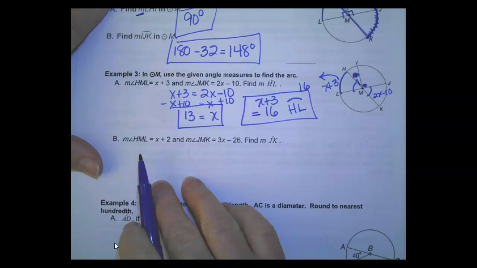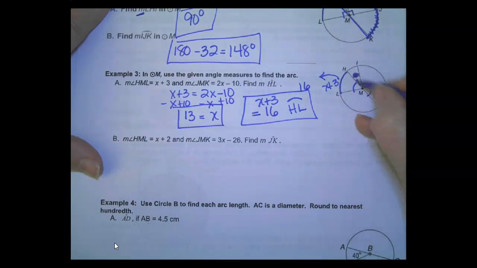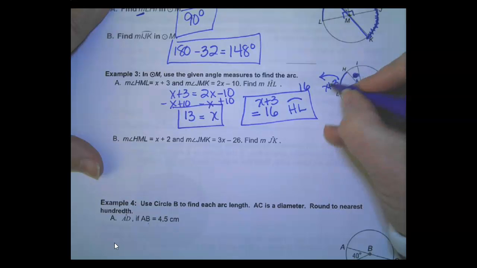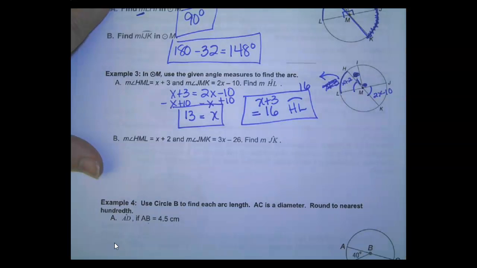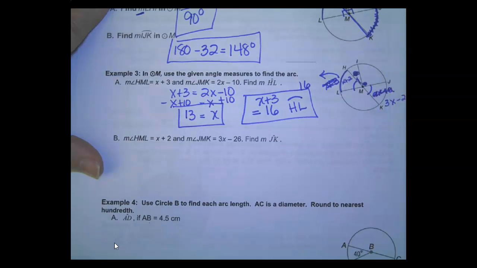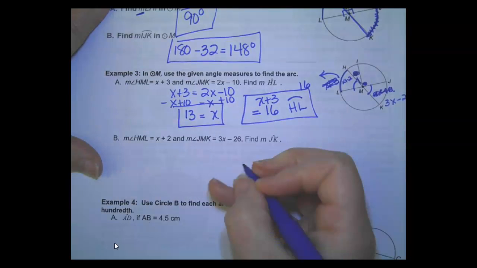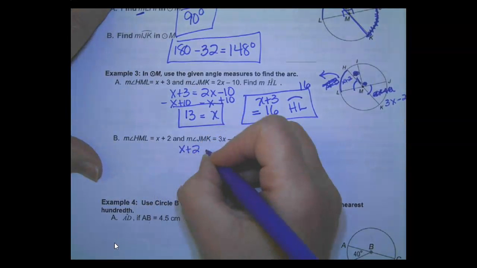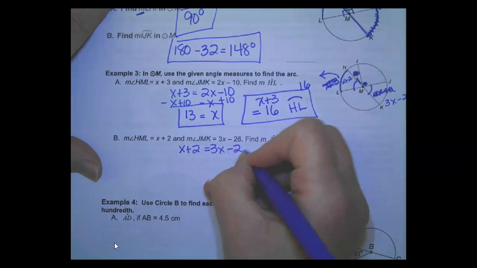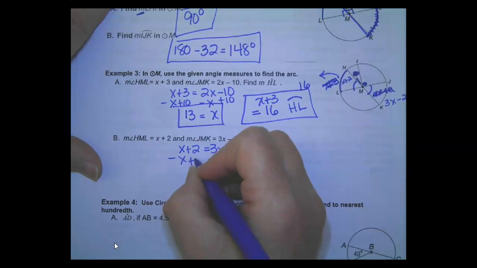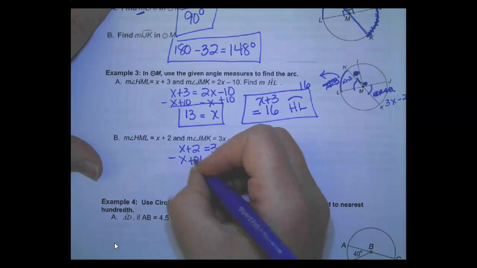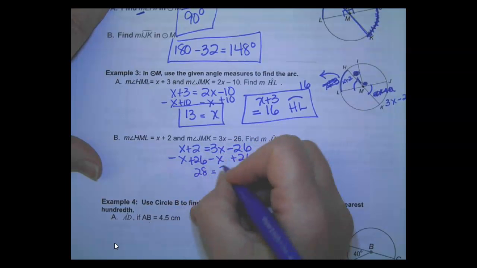Okay, so now let's go back to the same thing. HML we've got is x plus 2. And JMK is 3x minus 26. So get rid of those old ones. Find JK. So again, we set them equal to each other. Minus x, add 26. So that becomes 28 is equal to 2x.